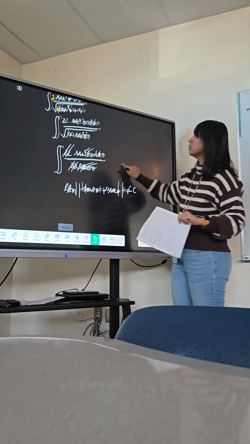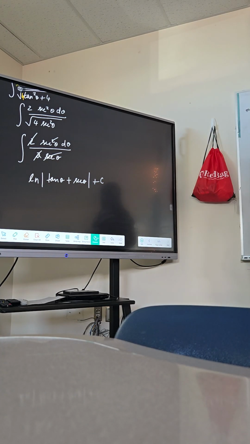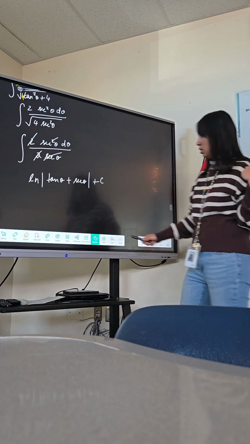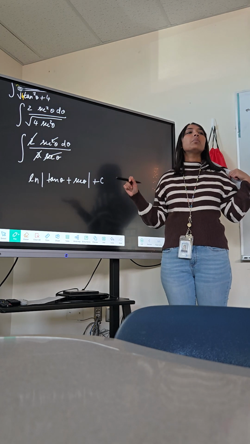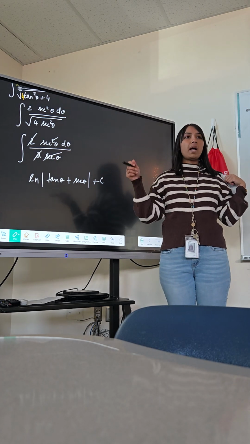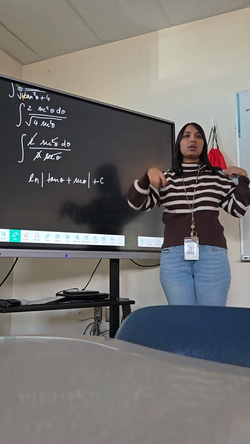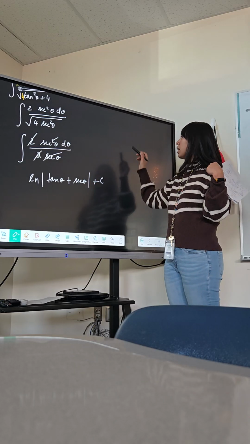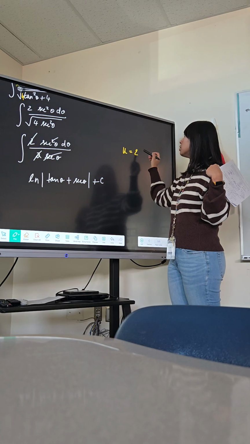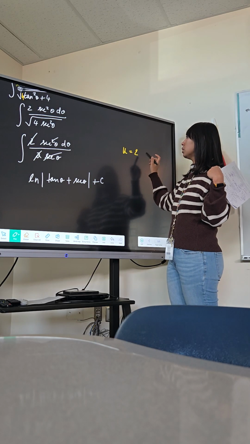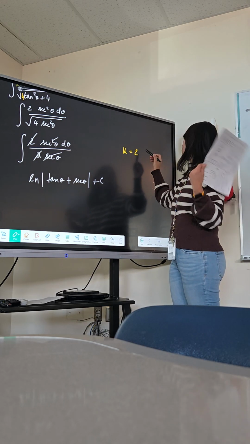Here is a problem. We have to go back and double substitute because we have to go back to x. From theta we go back to u, from u we go back to x. Okay? What did we say u was? 2 tangent theta.